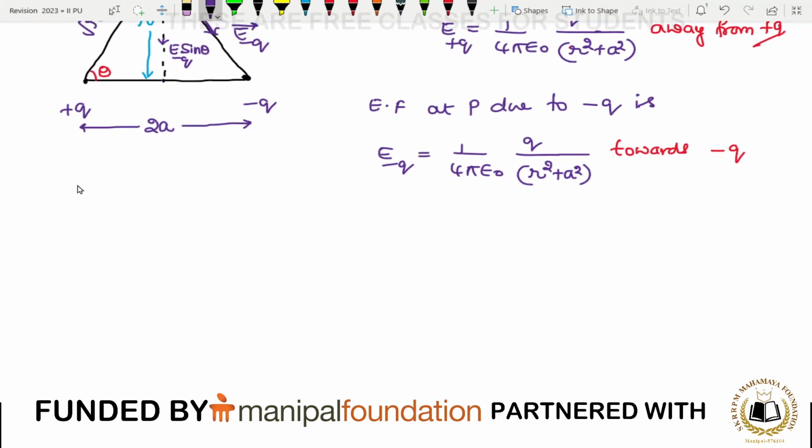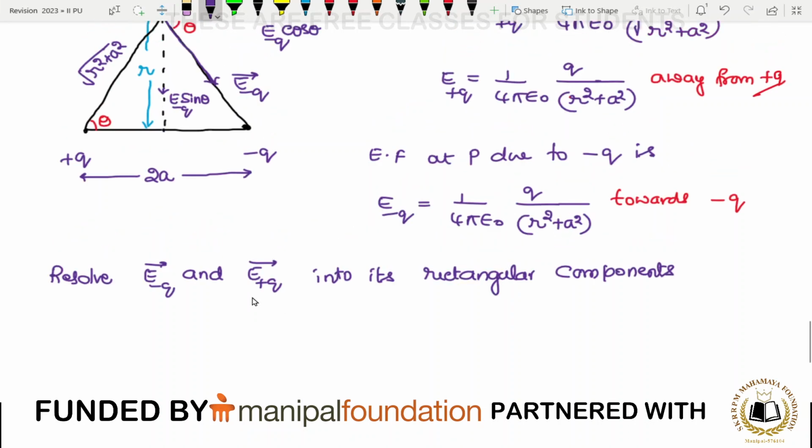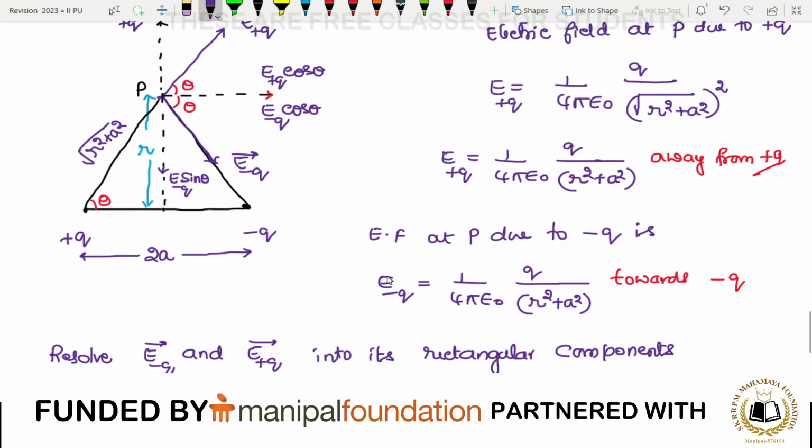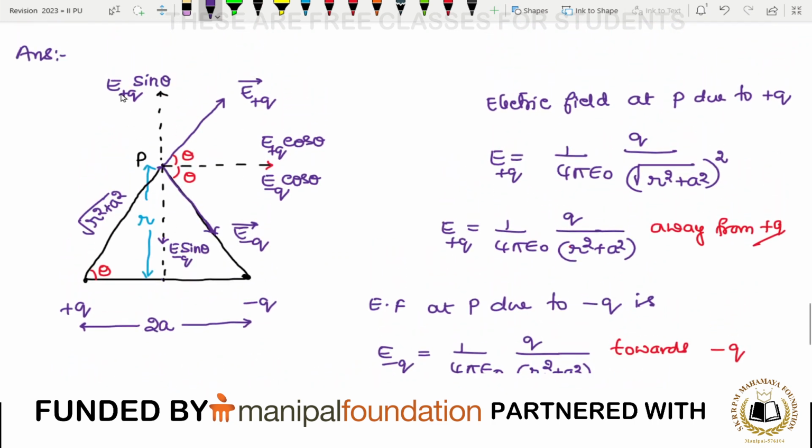So we can write here now, resolve E minus Q vector and E plus Q vector into its rectangular components. We already resolved that here. Now observe the values of E plus Q, E minus Q, and E plus Q sin theta and E minus Q sin theta. E plus Q and E minus Q values are the same. Once again angles are the same.